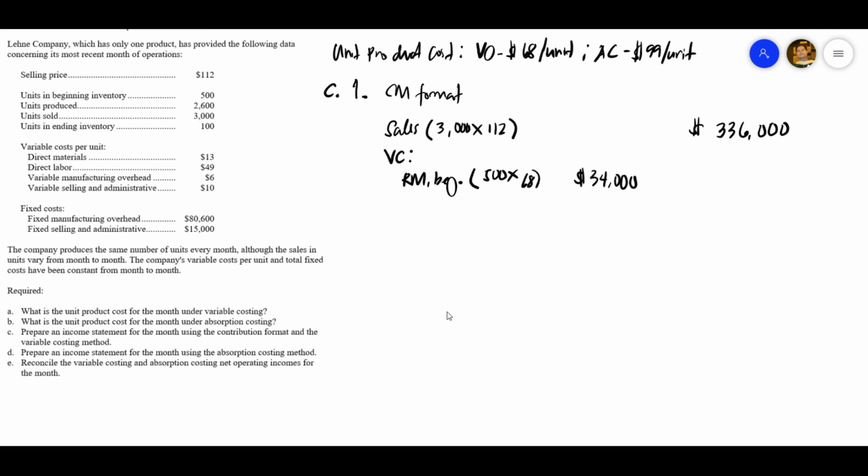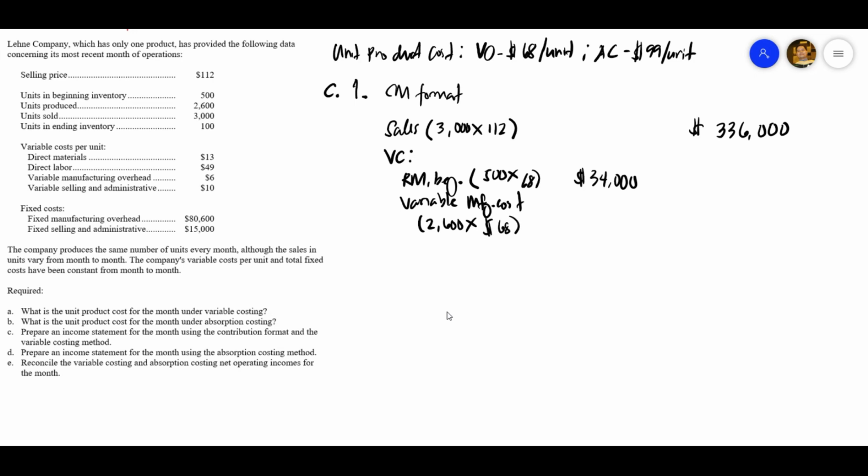Then we add our variable manufacturing cost. How do we compute the variable manufacturing cost? It's the units that we produced, 2,600, multiplied by the unit product cost under variable costing of $68.